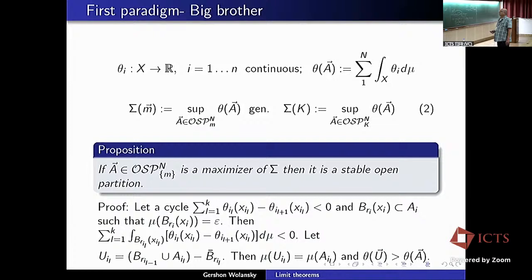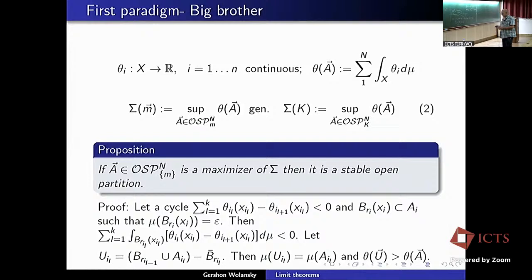In this case, the first proposition is that if A is an open partition which is a maximizer of this function for a given M, then it is a stable open partition. And what we have to do is just to assume there exists a cycle for which the sum is negative, and use the fact that theta I are continuous and mu is a regular measure.